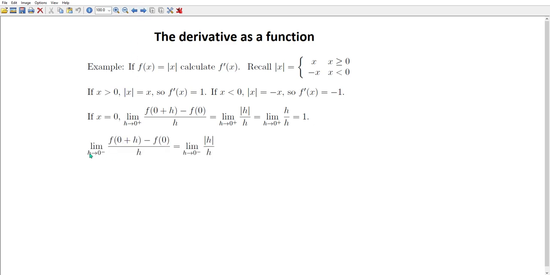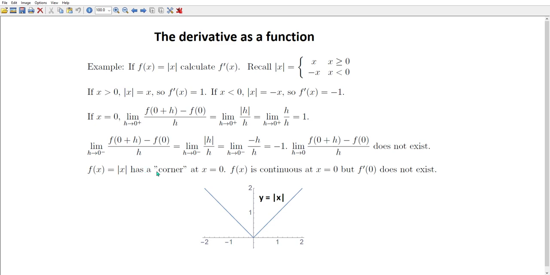On the other hand, the limit as h goes to 0 minus ends up being absolute h over h, and now absolute h is negative h because h is negative. This limit is minus 1. That means the two-sided limit does not exist because these numbers are different.